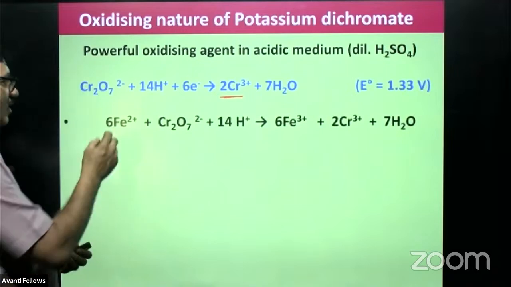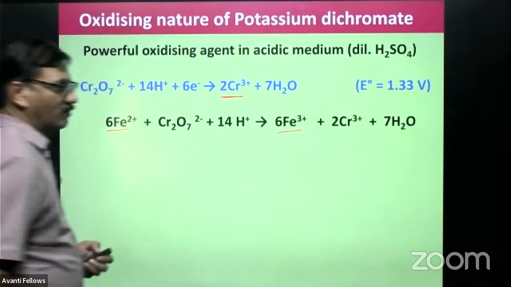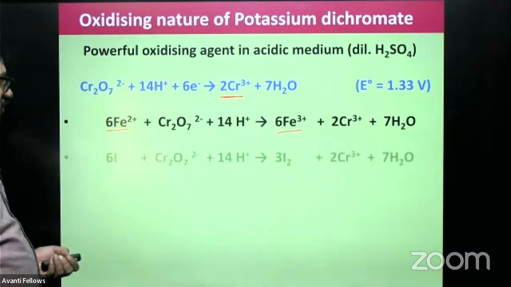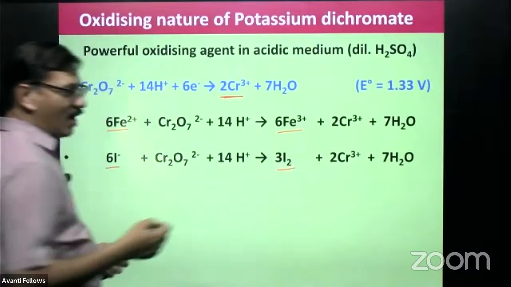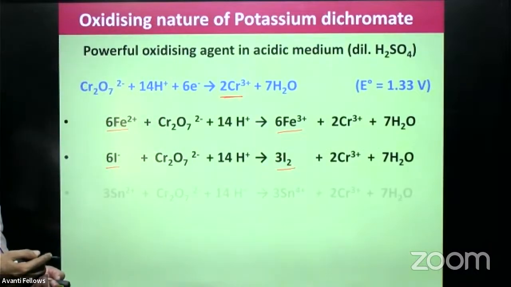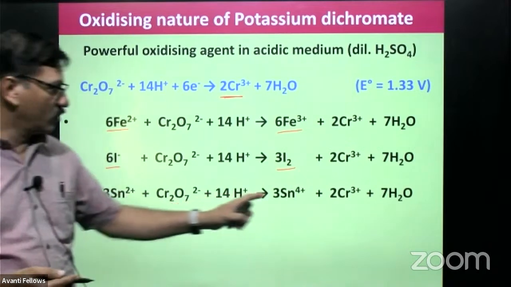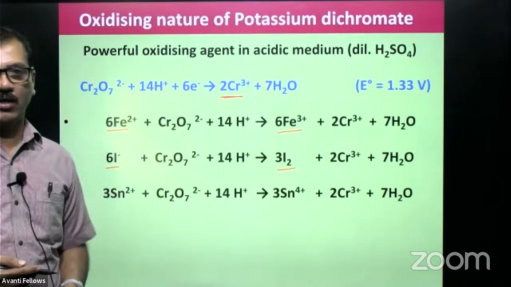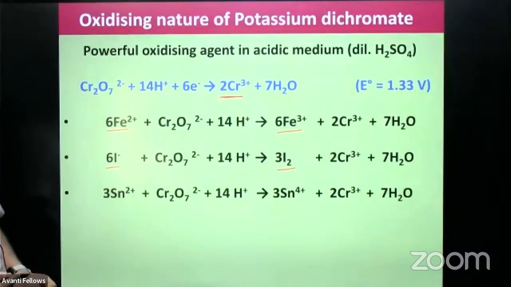So what all does it oxidize? It oxidizes ferrous ion, Fe2+, to Fe3+ ion. It oxidizes iodide ion to iodine. Stannous, Sn2+ ion, to stannic, Sn4+ ion. This is the ionic form; you can write the equation.